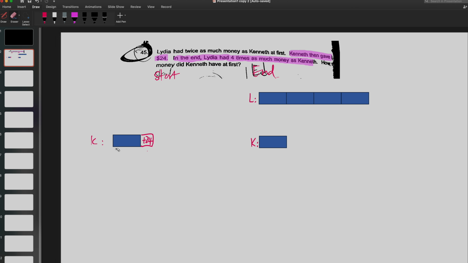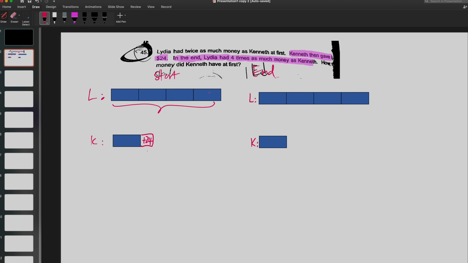So what happened to Lydia? Lydia received 24 from Kenneth. So at the start, Lydia should be... So this is Lydia at the end, alright? At the end is 4 rectangles, but this is after receiving 24 from Kenneth.